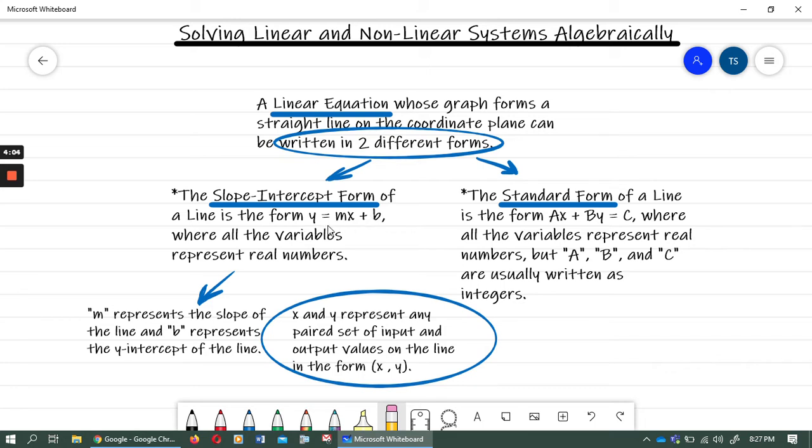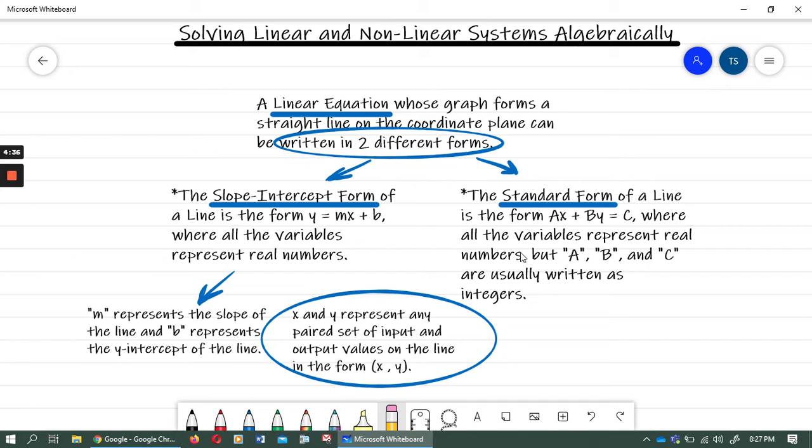In the equation, m is going to be some number and b is going to be some number. The x and y just represent any paired set of input and output values on the line, and will still be written as x and y.